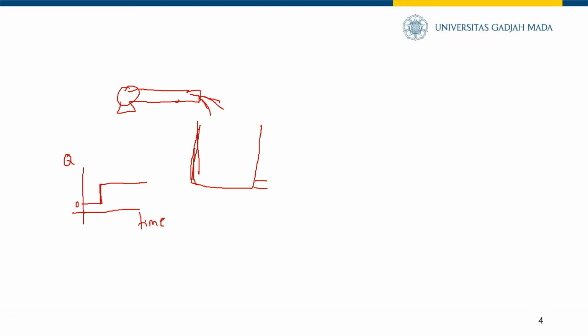How is the response here? It will increase slowly until it is steady. This one is height, and this one is time also.